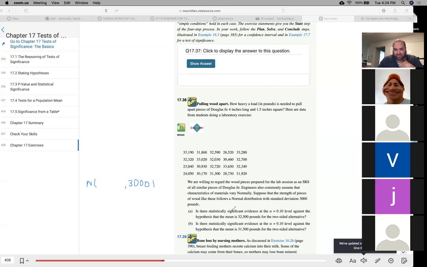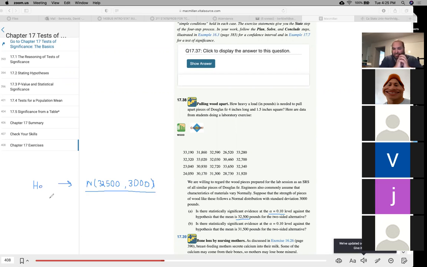Is there statistically significant evidence at the alpha equals 0.10 level against the hypothesis that the mean is 32,500? So we are testing this. Is there enough evidence against this claim? This is essentially my null hypothesis.